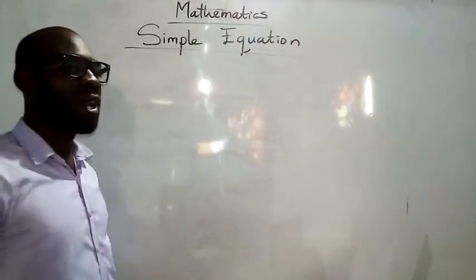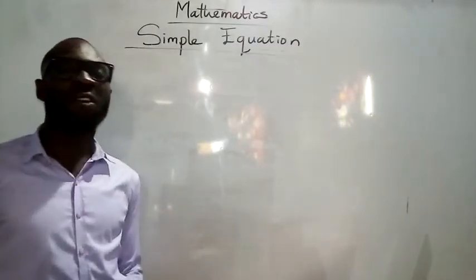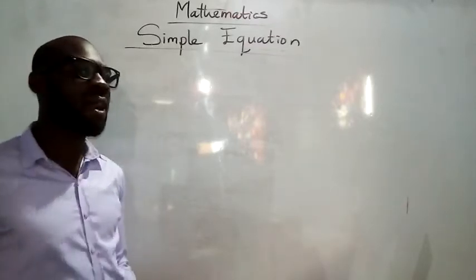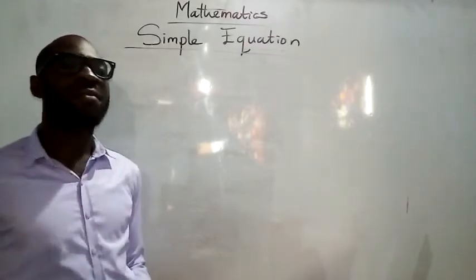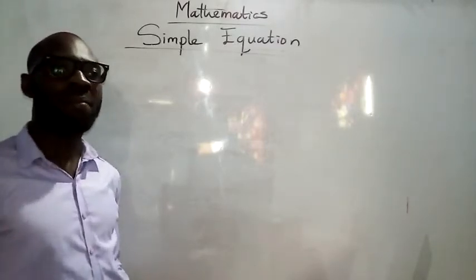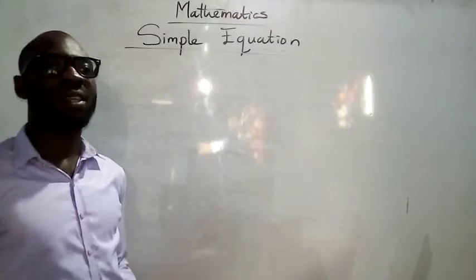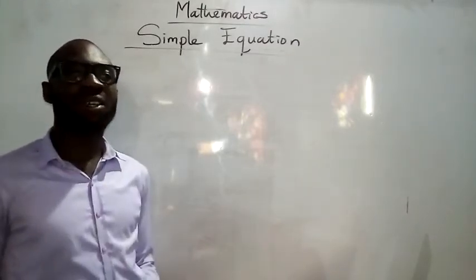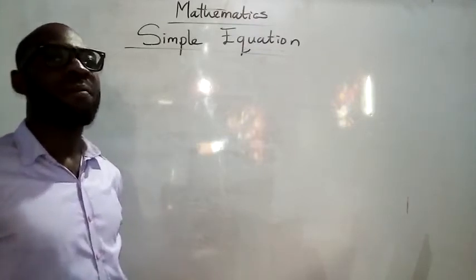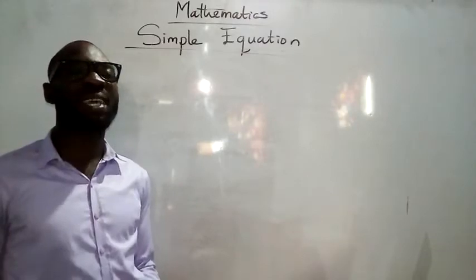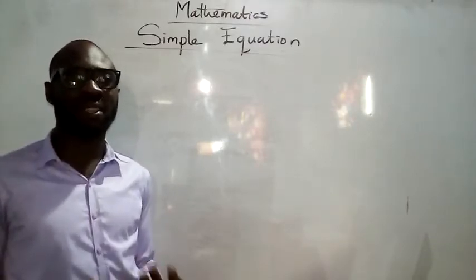Now, the first question we have here: 1/3 of a number is subtracted from half and the result is 1. We know that in mathematics, when a number is missing, we use any letter of our choice to represent that number.